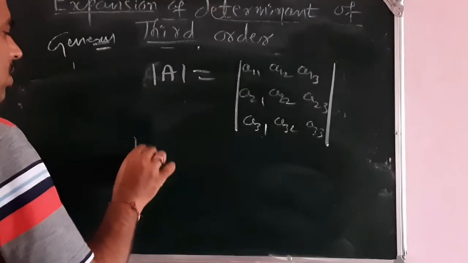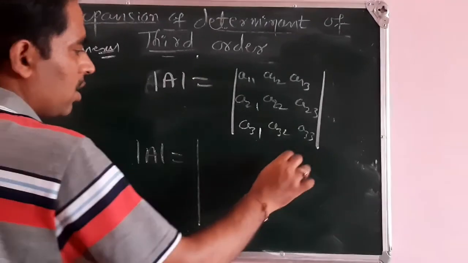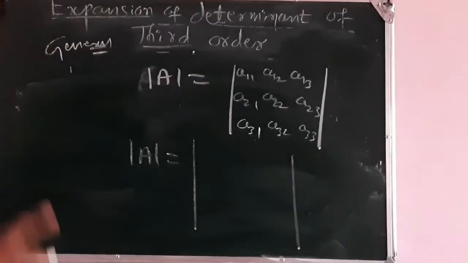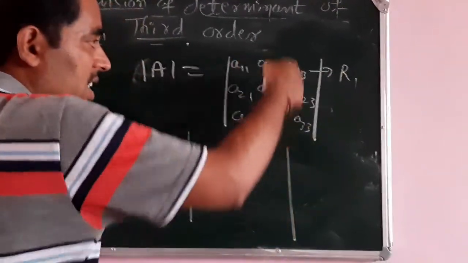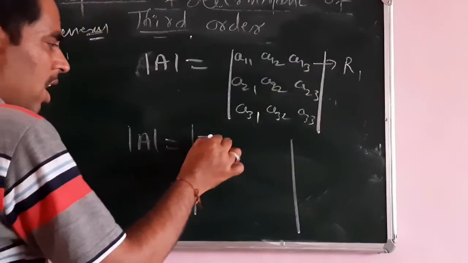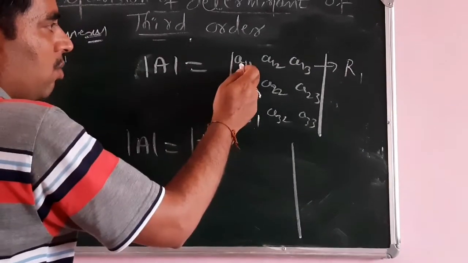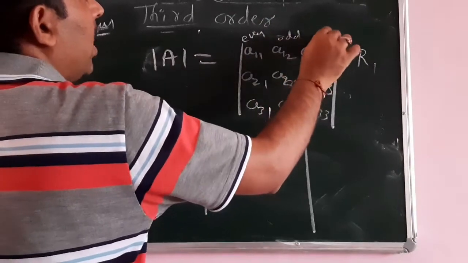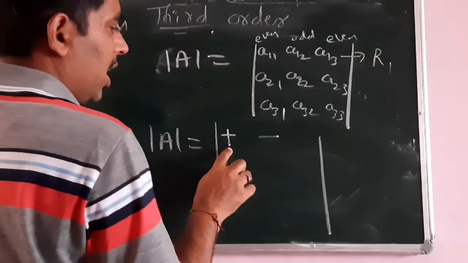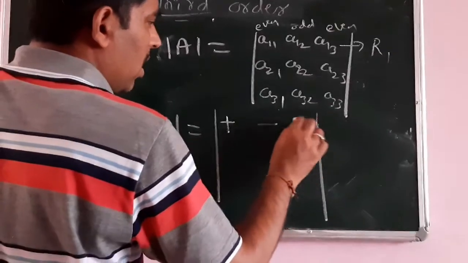Observe here, this is very important. I have expanded along the first row. This is the first row, we call it R1, R2, R3, and these are the columns C1, C2, C3. I have taken the plus sign for the first element because 1 plus 1 is even, then this sum is odd and this sum is even. So wherever even is there, write plus: plus, minus, plus.